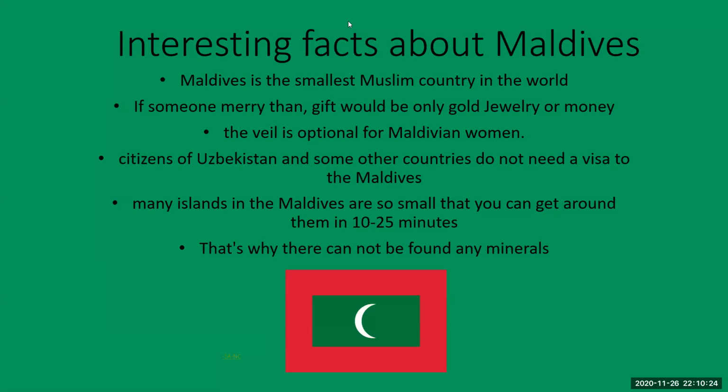Many islands in the Maldives are so small that you can get around them in 10 to 25 minutes. That's why there cannot be found any minerals, only from the ocean. And Maldives is the smallest Muslim country in the world.